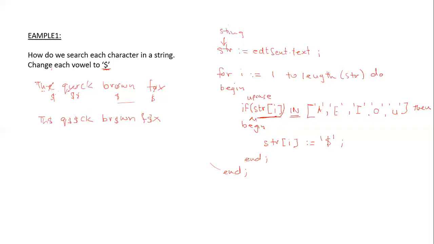I becomes 3. str[3] is E. Uppercase is capital letter, and that is contained in our set A, E, I, O, U. The condition is true. And str[I], which is now at position 3, str[3] will take on a dollar. So that is how the dollar will be inserted into the string. And that loop just continues until the end of the string is reached.